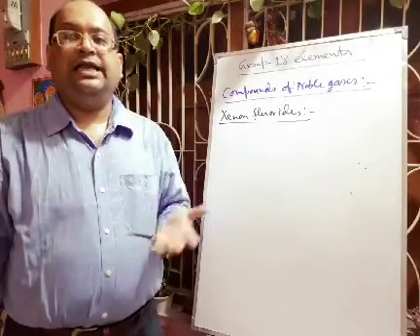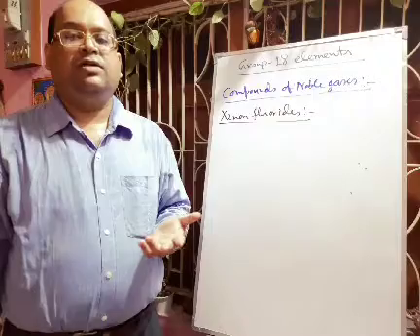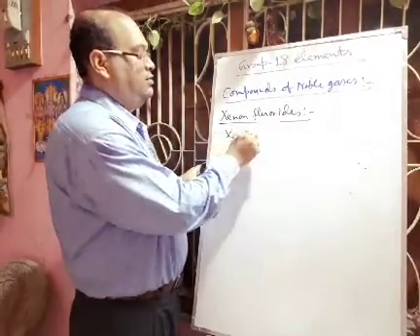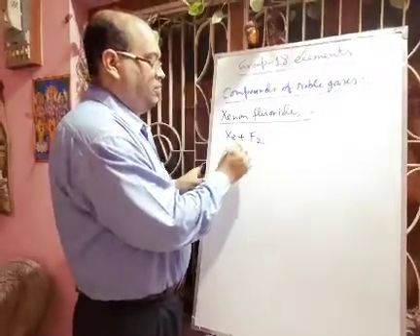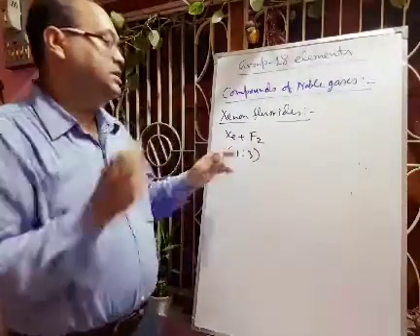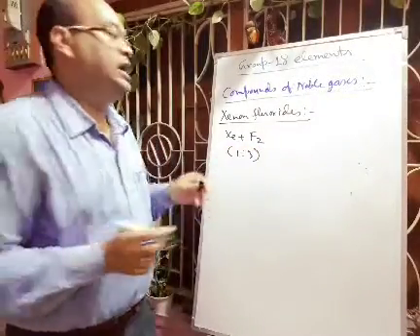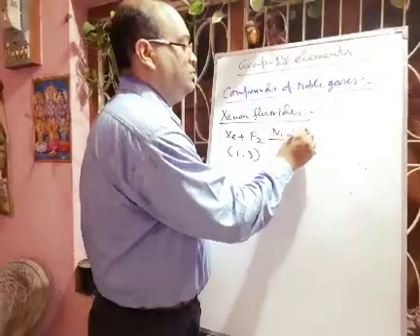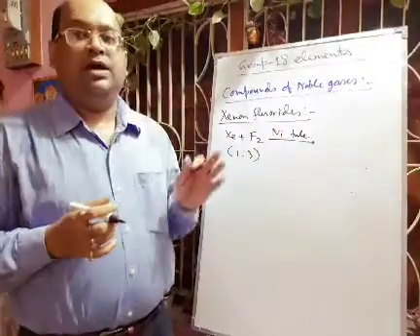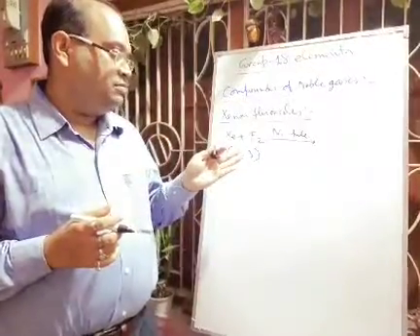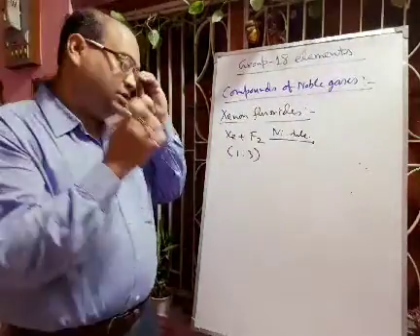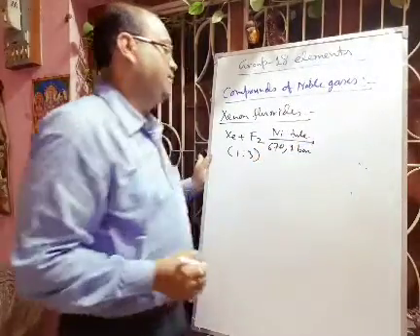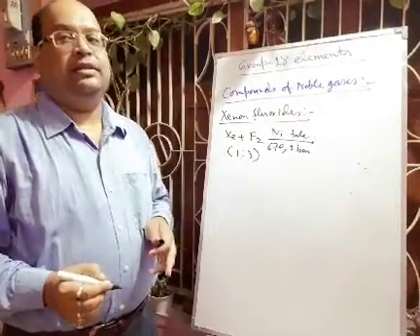These are prepared by the direct action of xenon with fluorine under suitable conditions. Suppose you are taking xenon and fluorine in the ratio of 1:3, that means fluorine gas is taken in excess, and here you have to use a nickel tube and high temperature, around 670 Kelvin and 1 bar pressure, then it will combine and form XeF2.